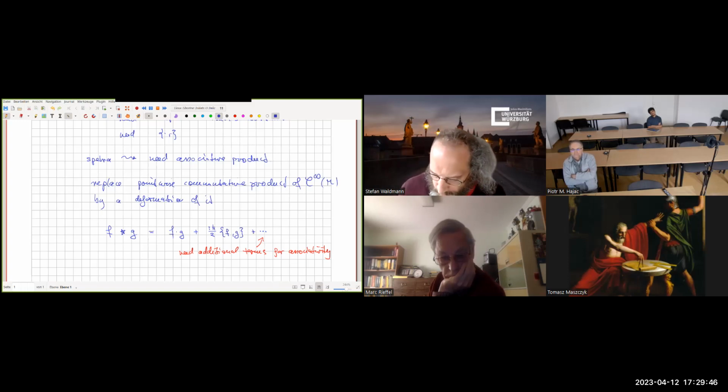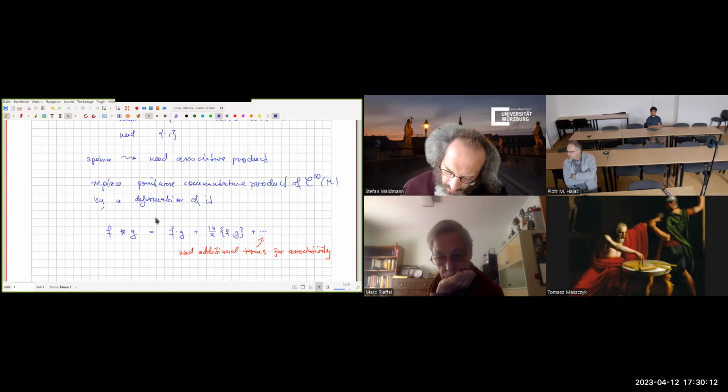So if we want to go one order higher in this parameter, then we need to correct with this next order term the failure of associativity of these first two contributions. But that we can do. But then we get a new failure one order higher. It's still not an associative product. So we need to correct in order h bar to the 3, and so on and so forth.